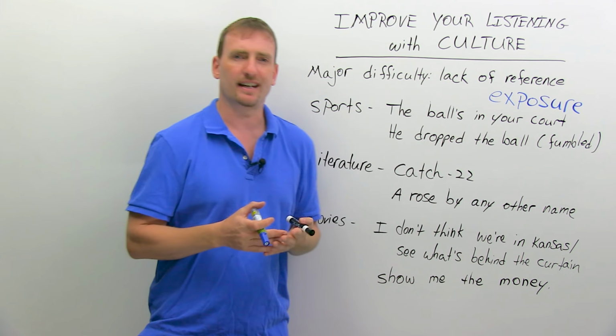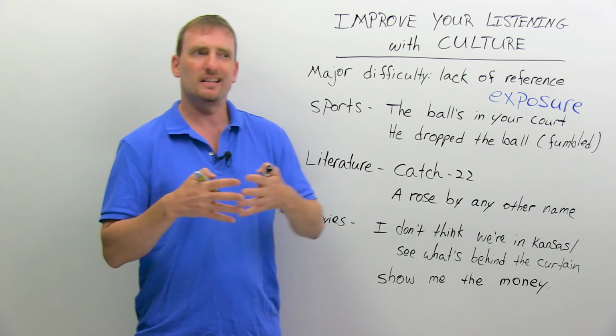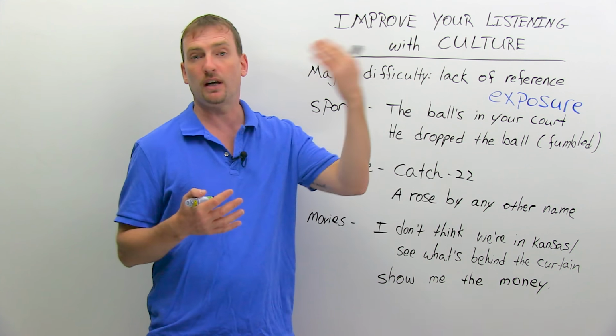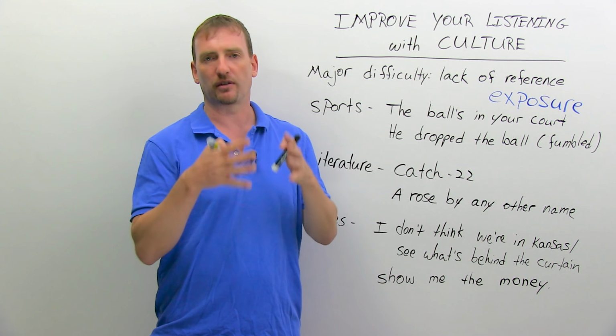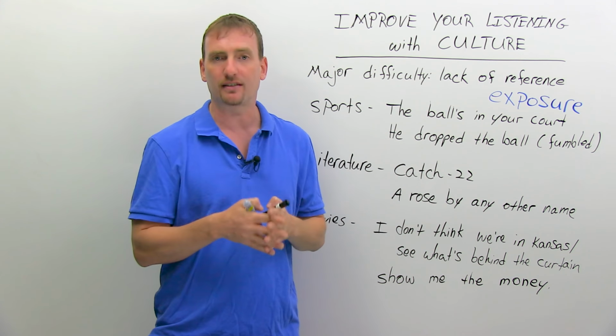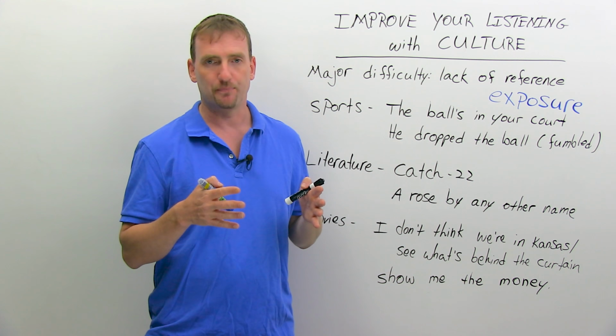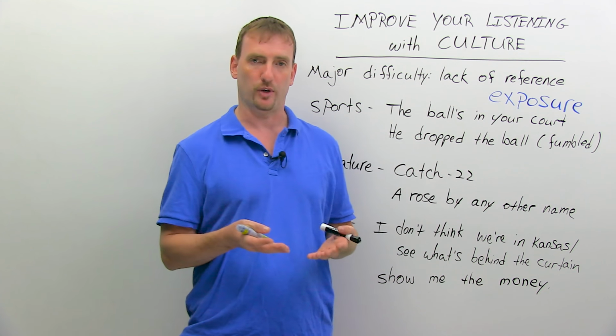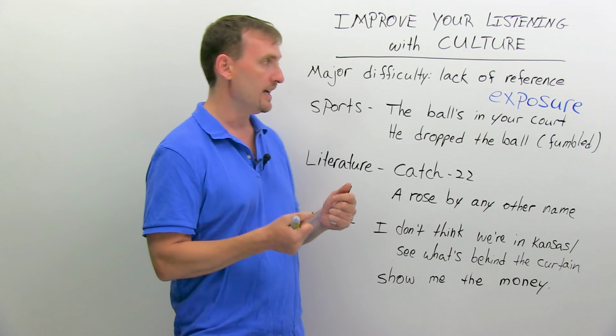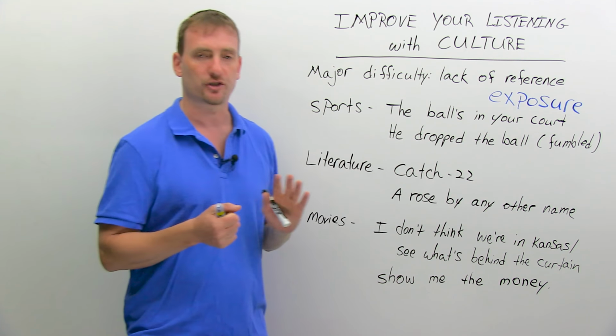So if you're only looking at textbooks, you're getting very simple English. Even if you're doing high level, like advanced level textbooks, they're still very focused on very specific contexts that they want you to study. And another thing they're not doing is they're not putting a lot of informal language into these books, okay? So now that's why we're going to look at culture.